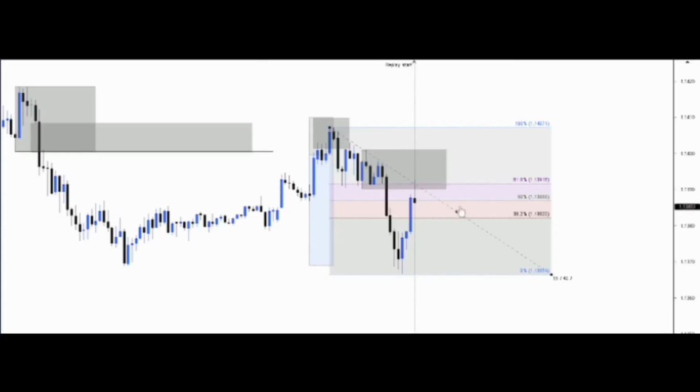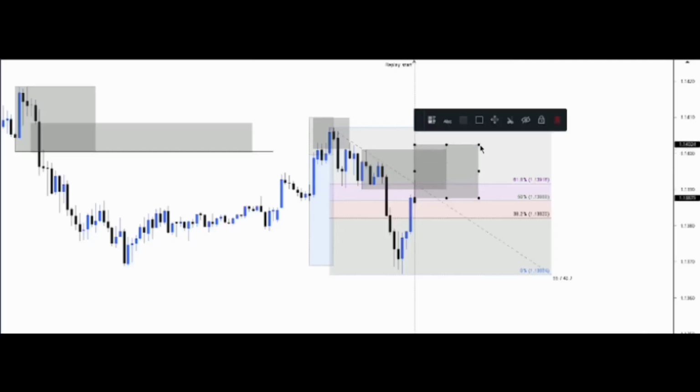Okay, and then look at the candle rejection here. Clear candle rejection. Once you find this, what do you do? There are two ways you can enter the market here. You can enter the market after this candle has closed, but if you do that, your stop loss must be above, and that's one way to enter the market.